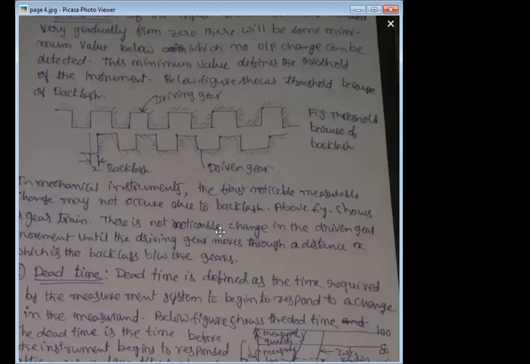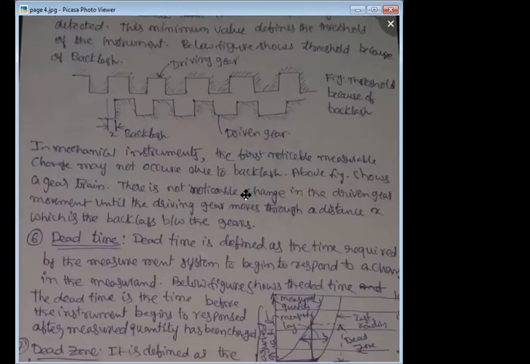So for mechanical instruments, the first noticeable measurable change may not occur due to the backlash. The above figure shows the gear train. There is no noticeable change in the driven gear movement until the driving gear moves through a distance of x, which is the backlash of the gear.